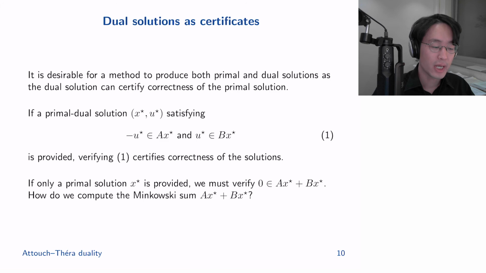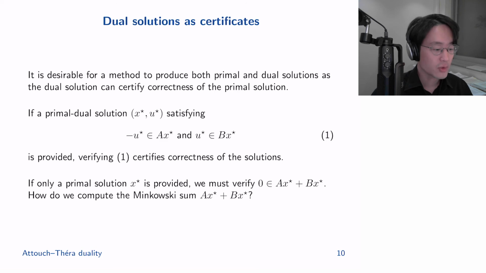So if an algorithm returns a primal-dual solution, x star comma u star, for the monotone inclusion problem of finding a zero of A plus B, what that means is that minus u star is an output of the operator A evaluated at x star, and plus u star is an output of B evaluated at x star. So if such a primal-dual solution is provided, then we can verify this condition 1 and thereby certify the correctness of the solutions.